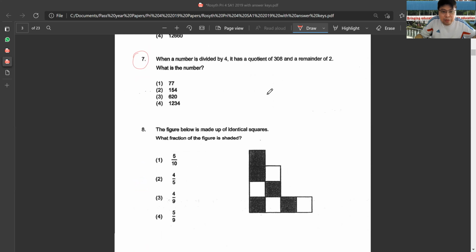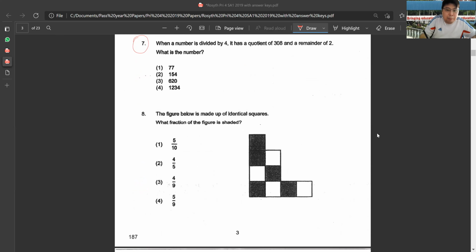Question 7. When a number is divided by 4, it has a quotient of 308 and a remainder of 2. What is the number? You know what to do? If you know what to do, you can tell me.